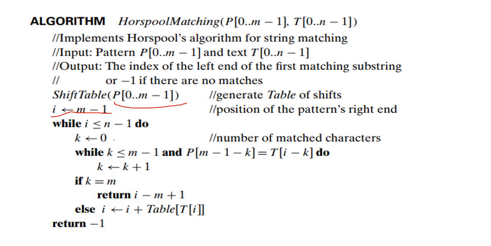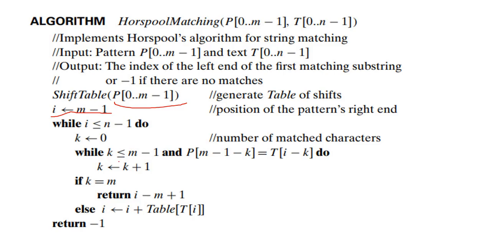At this moment I will start with k as 0. k is the number of pattern elements which match in the text string. At the start it is 0, but you keep incrementing the value and finding out whether there is a pattern match.